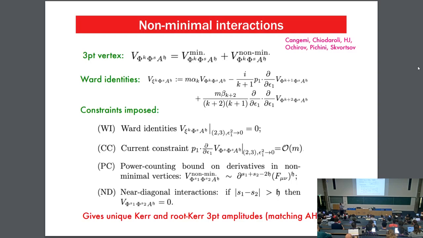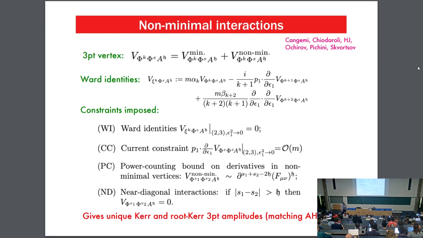And so what we learned is that we can also impose the fact that these fields only have near diagonal interactions, meaning that if you have a 3-point amplitude, you would only have interactions which differ at most by spin, which is actually given by the absolute value of the helicity of the force carrier. So that's 1 or 2, depending on whether it's a gauge theory or gravity. So we can impose that.